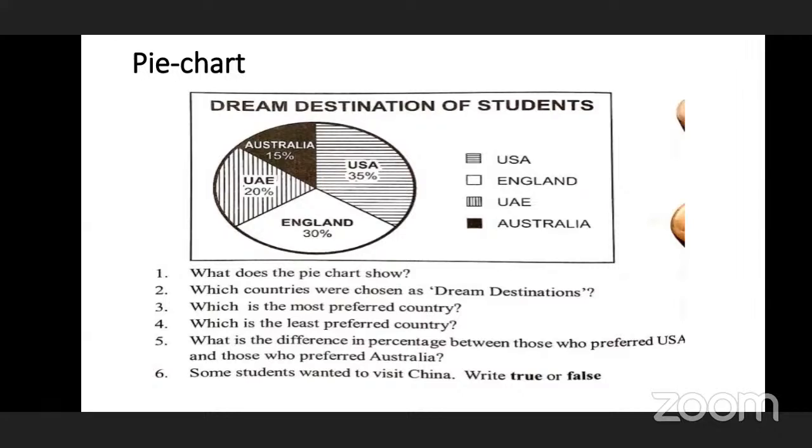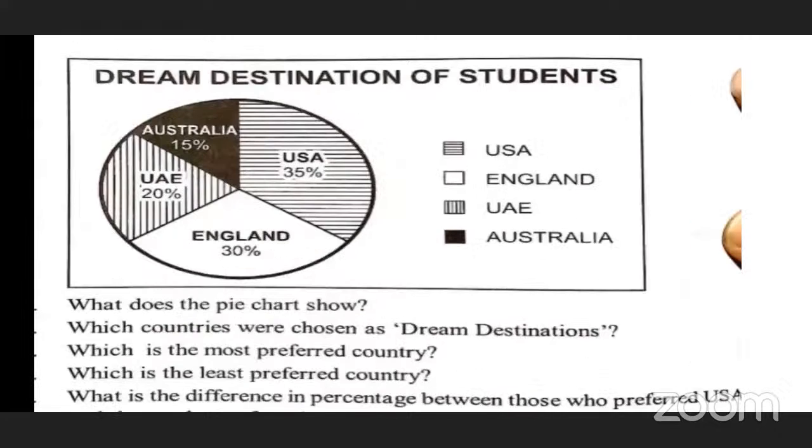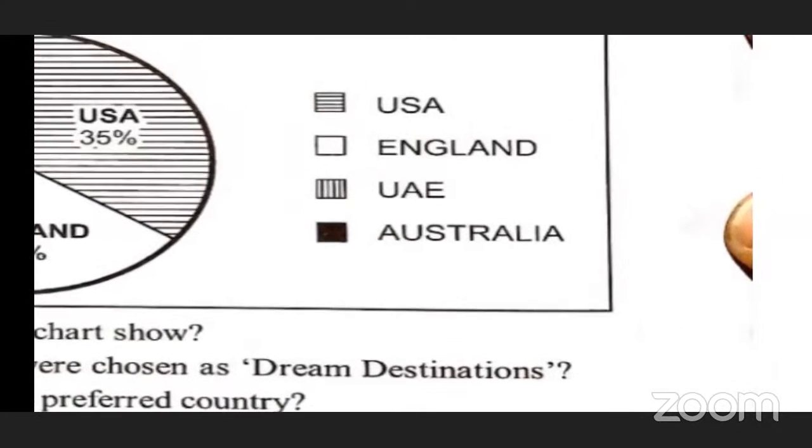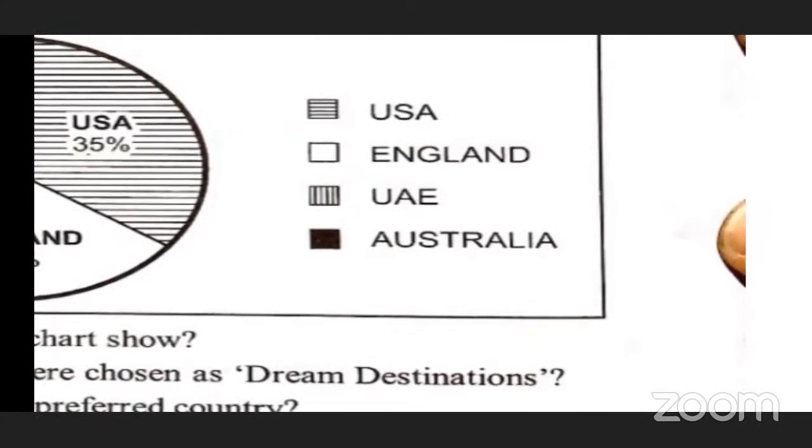That is what a survey done by a particular team of people found, and this is the information prepared by that team. There are four countries chosen by the students. They are USA, England, UAE, and Australia. We are going to learn comparatively which country was chosen more when compared to the other countries.